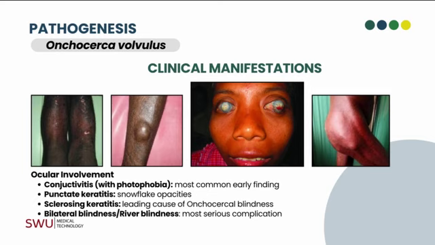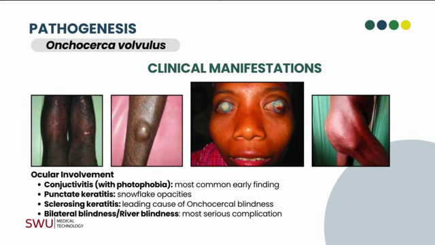Other manifestations include anterior uveitis and iridocyclitis, which is the inflammation of the iris and ciliary body, or the middle layer of the eye. Retinal pigmentation, which is characterized by the deposition of abnormal pigmentation of the retina.